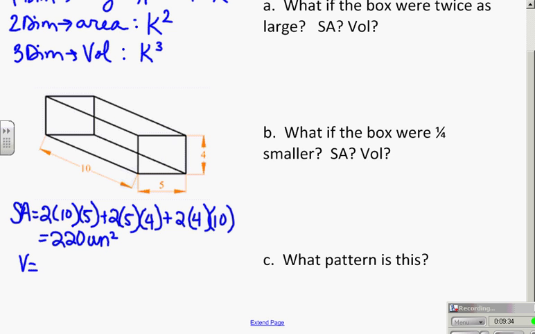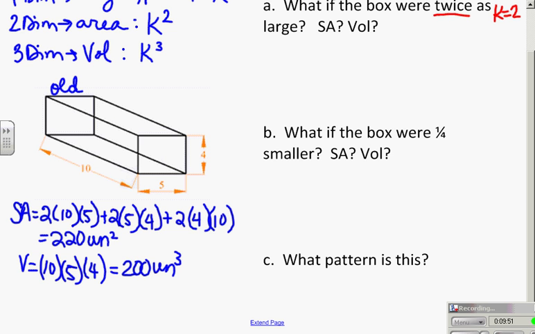That tells me two dimensions are going to vary by a factor of k squared. Volume is base times height times length. So I have 10 times 5 times 4, which is 200 units cubed. That's my old figure.